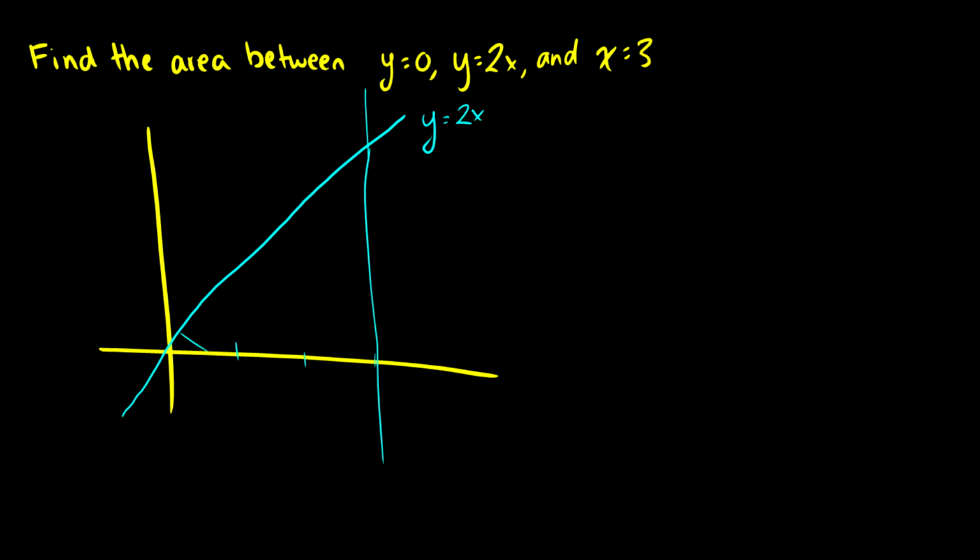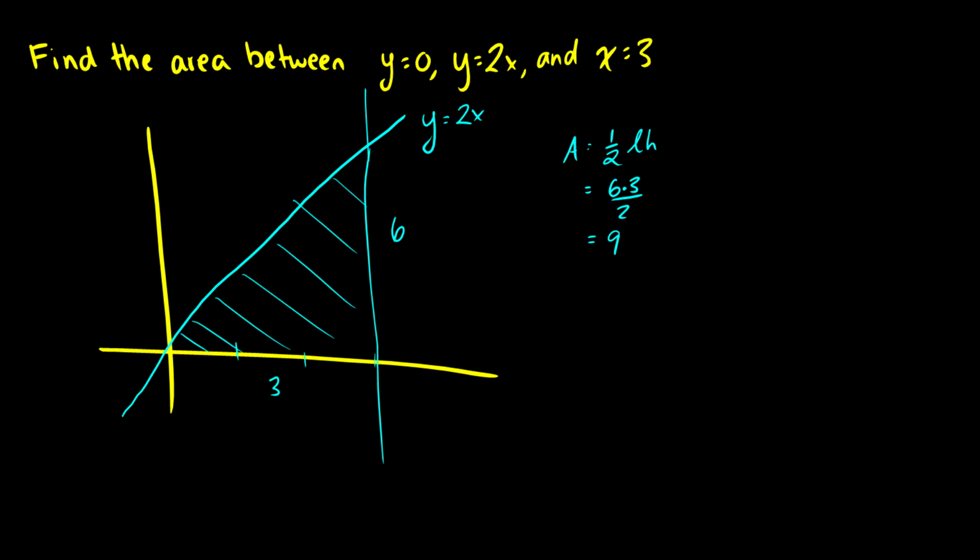So we want to find this area right here, which again is fairly simple because we know that our height here is 6 and our length is going to be 3. And this appears to be a triangle, so we know the formula for area is 1/2 length times height, which is going to be 6 times 3 over 2, which will equal 9.